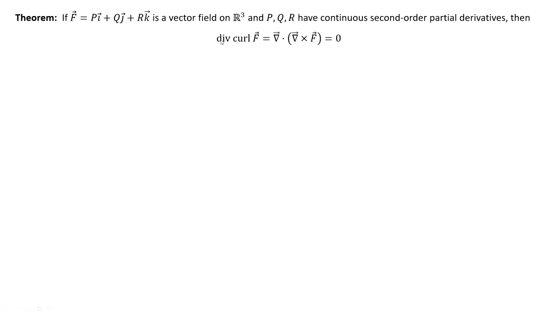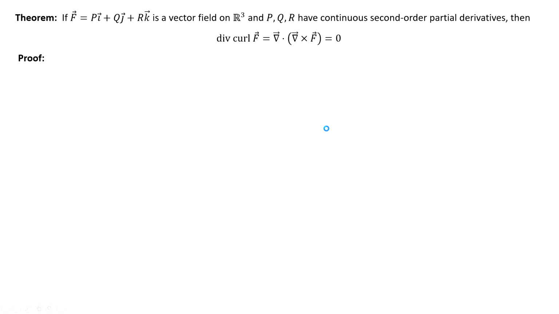Now, what is divergence? Divergence of something means del dot that something. So clearly, divergence of curl of F means del dot this curl of F. Curl F is nothing but del cross F. So that's what I wrote here. So del dotted with del cross F is guaranteed to be 0.